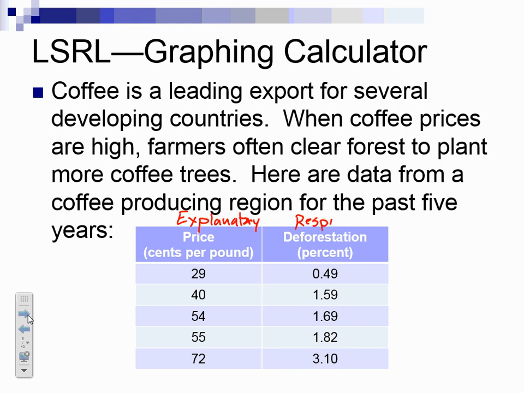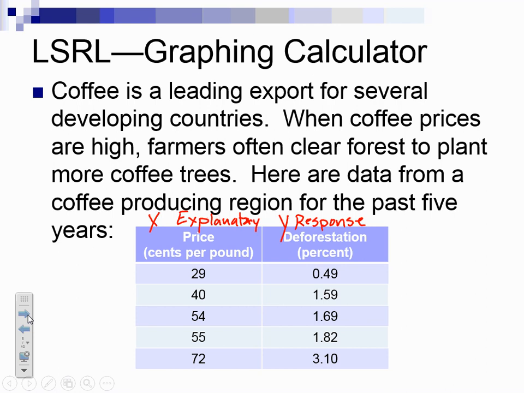So as I input this data into my calculator, that tells me the order in which I want to put things in. Price is going to be represented by the variable x, and the response will be represented by the variable y. Okay? So if you've got your calculator handy, pause the video, go ahead and input these data into list 1 for price and list 2 for deforestation.